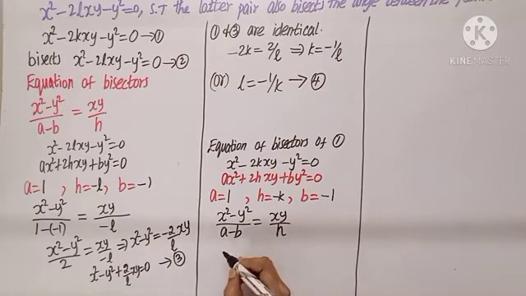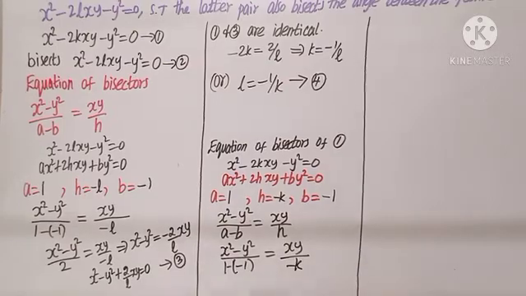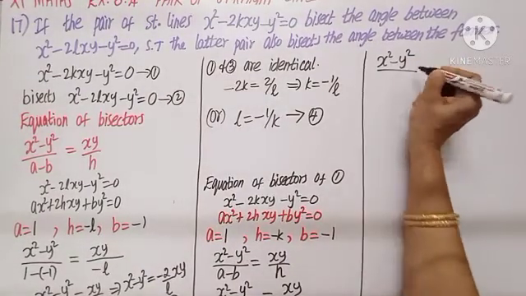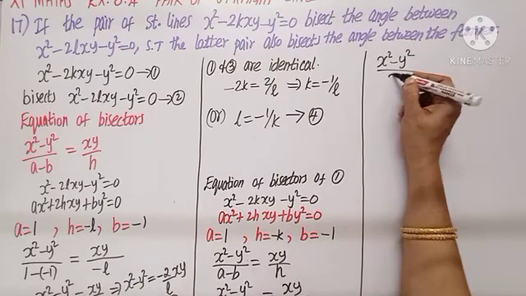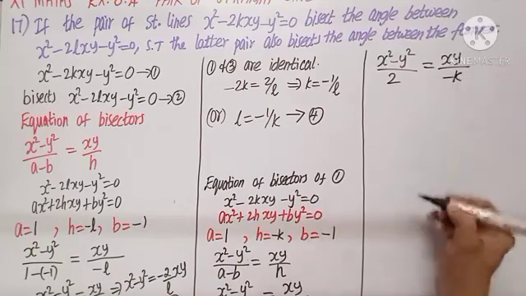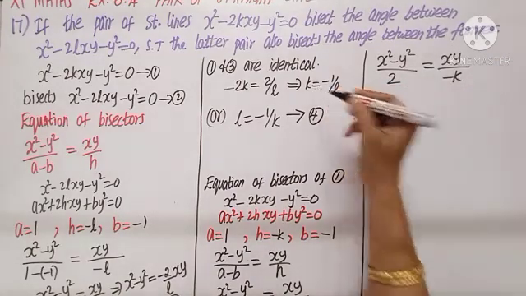As I substitute, it is (x² − y²)/(1 − (−1)) = xy/(−k). Or I get (x² − y²)/(1 + 1), which is 2, equals xy/(−k). Already I know what k is from here.